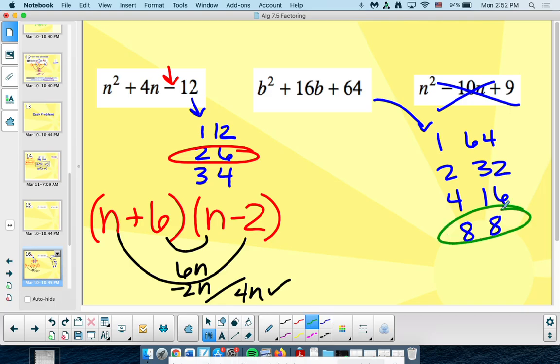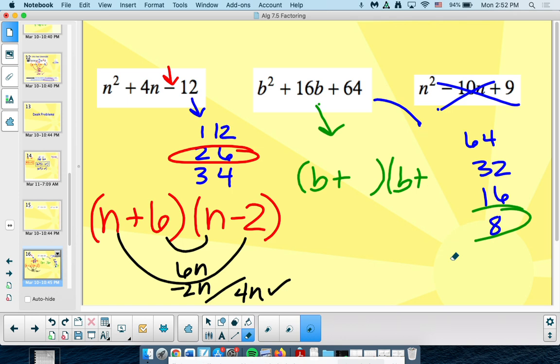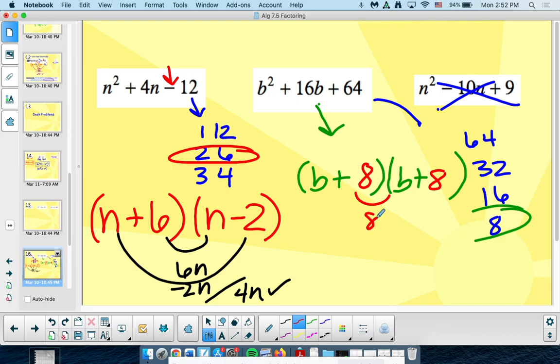Our only option, you guys, would be 8 and 8. So we're going to have b. They're both positive, so plus b plus. And that way it doesn't really matter. 8 goes here, 8 goes here. Again, you can check. 8b gives us a total of 16b.